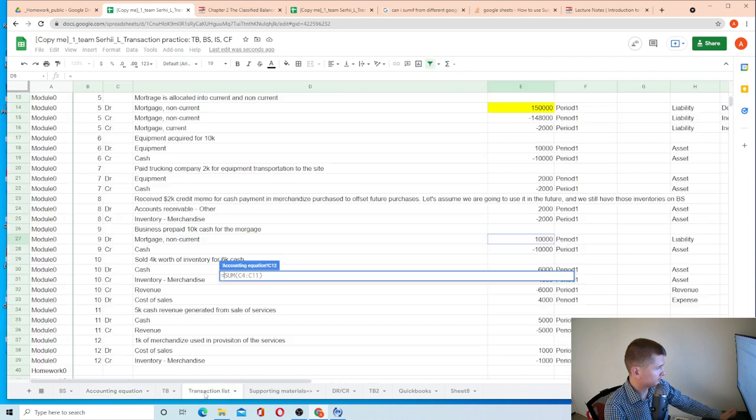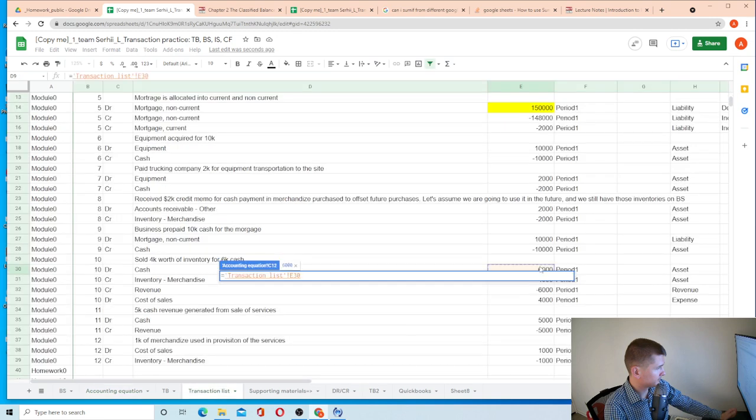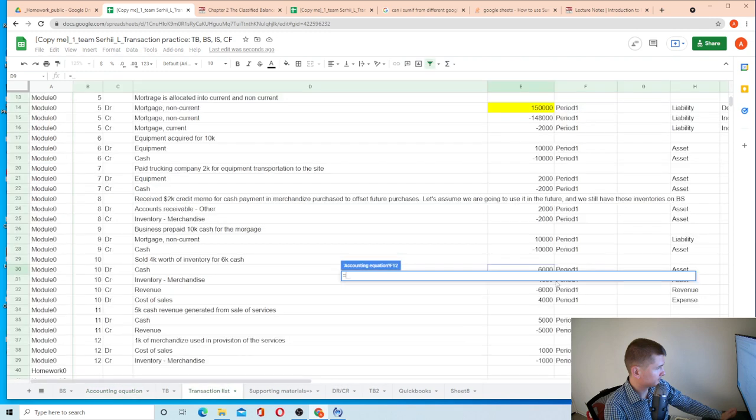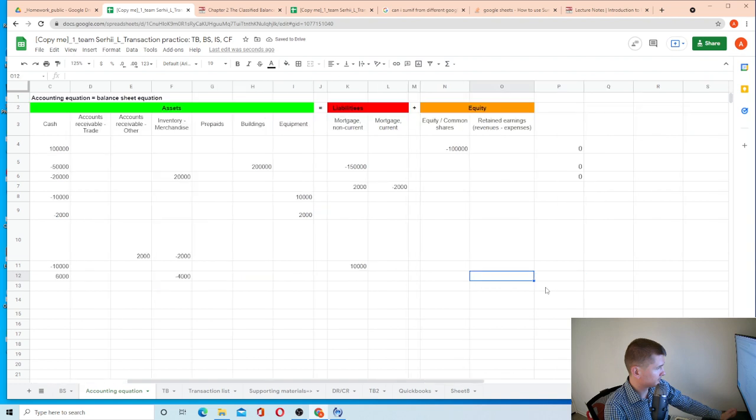Next, we sold 4,000 worth of inventory for 6k cash. We took cash and we sold inventory. Credit inventory, and we generated some revenue.